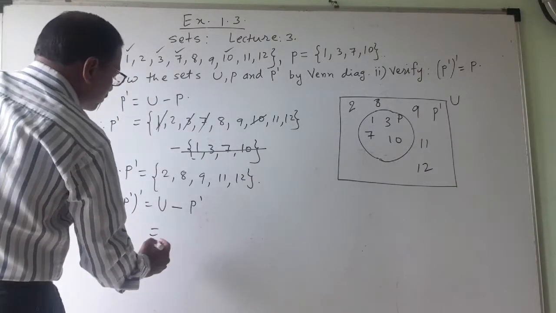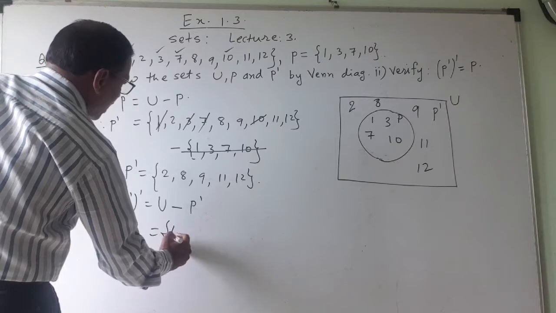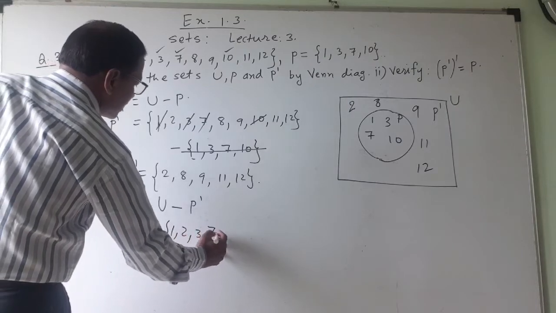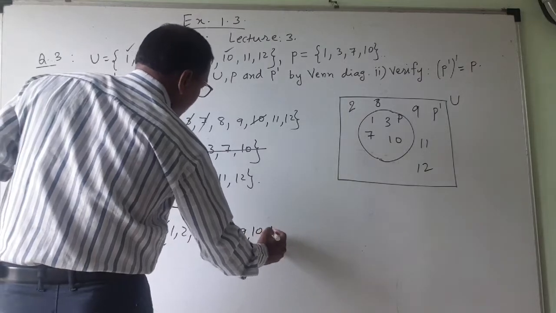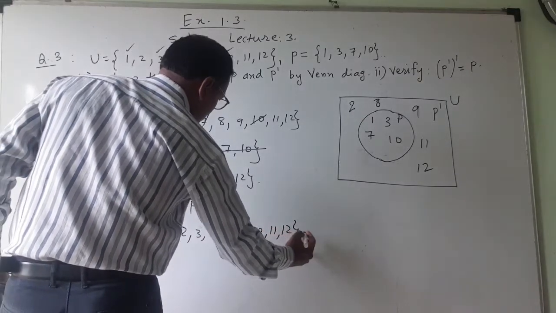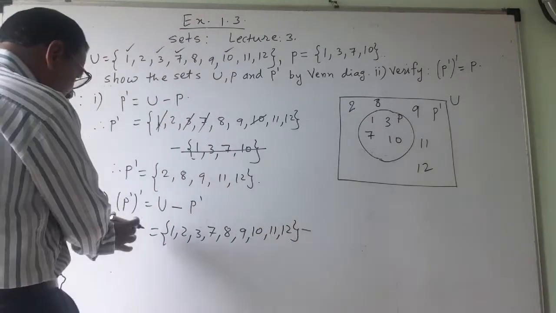That is equal to U, which is 1, 2, 3, 7, 8, 9, 10, 11 and 12, minus P complement.